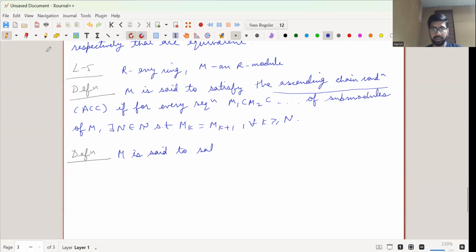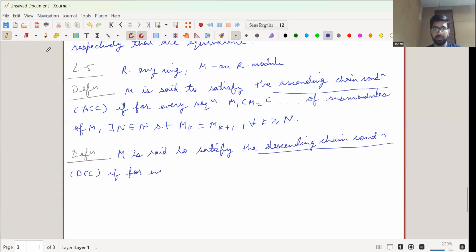So M is said to satisfy the descending chain condition, that is DCC, if for every sequence M1, M2, and so on of submodules of M, there exists n belonging to N. So in the above definition, we are having an ascending chain.